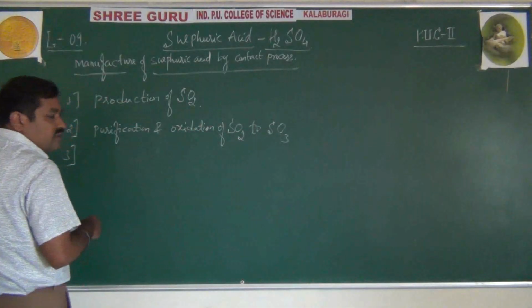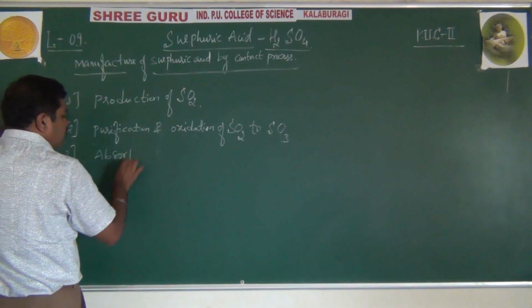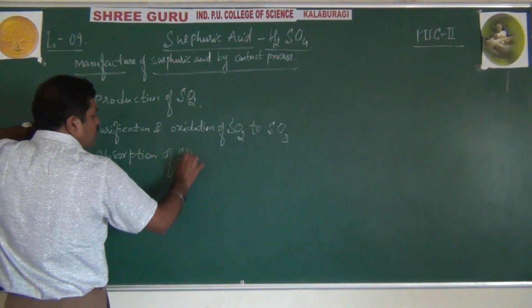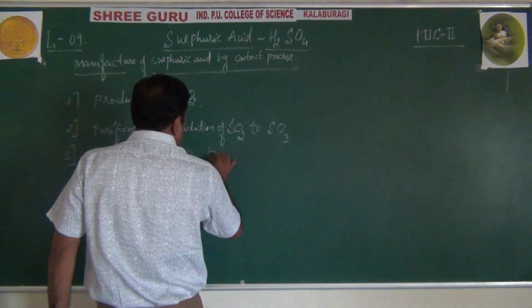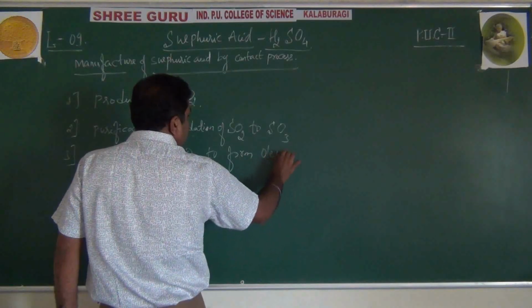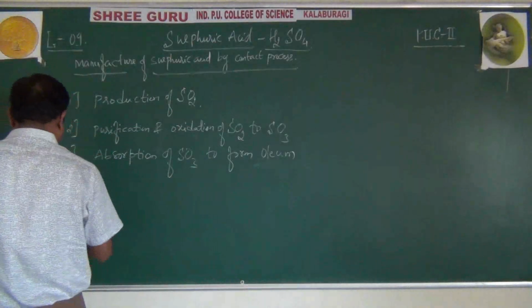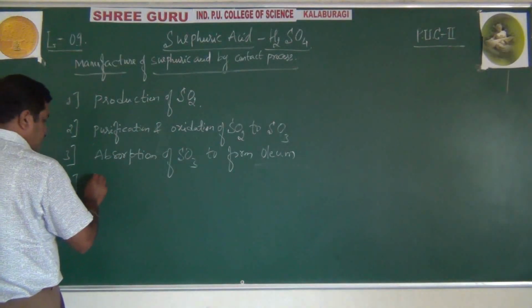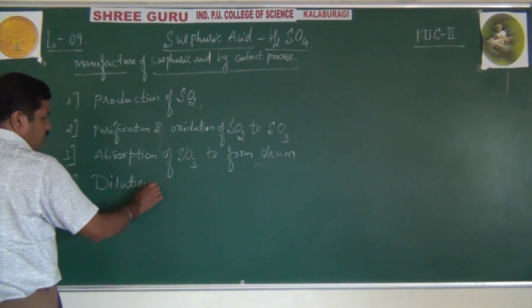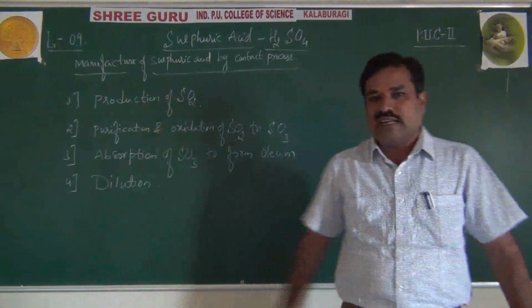Next, absorption of SO3 to form oleum, and then dilution of oleum to get the desired concentration of sulfuric acid.